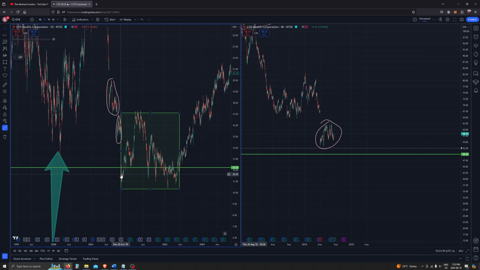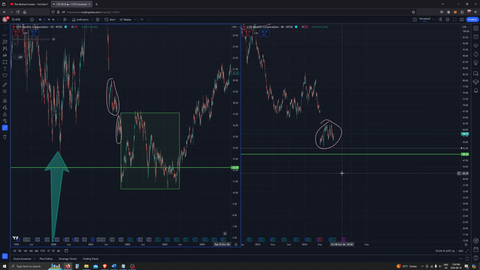And potentially, if I think that I find a low here, then I might try for a more short-term trade on CVS and maybe hold that for the spike up.